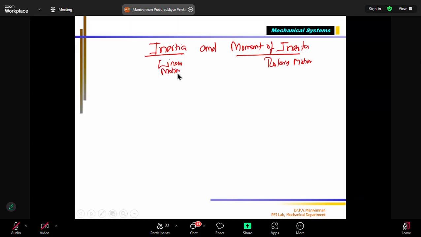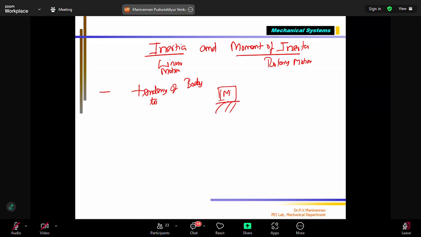So, what is inertia? Very simple. The tendency of the object or body we are talking about to remain at rest. For example, an object is on a table, the mass element, and it doesn't want to move. That is the tendency. That is called inertia.